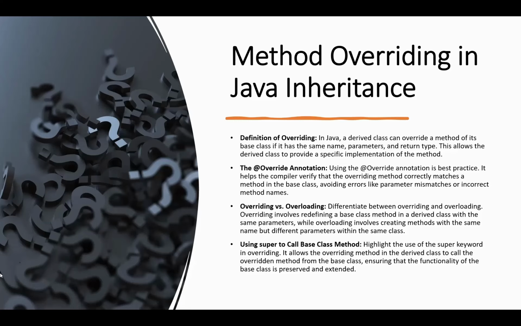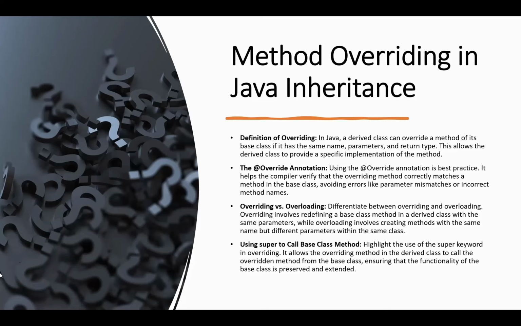The compiler checks if there truly is a method to override in the base class, and warns you if something is missing, like a typo or mismatched parameters. Think of it as a double check mechanism, ensuring you are indeed updating what you intend to. So the difference between overriding and overloading.